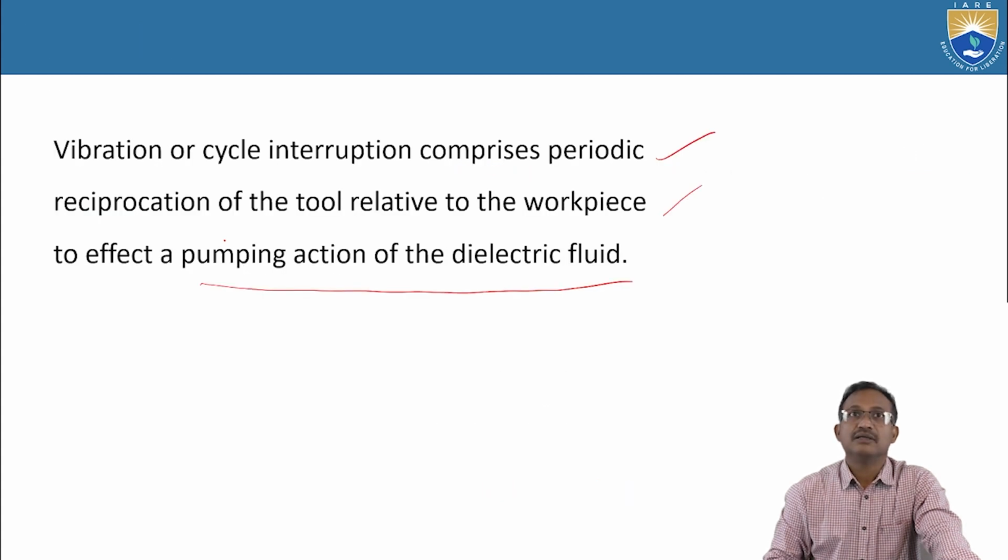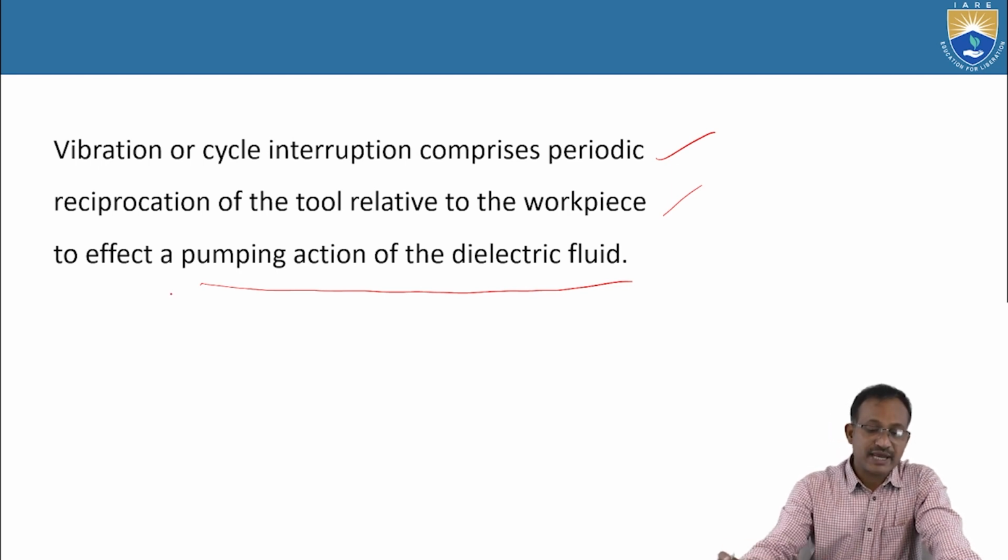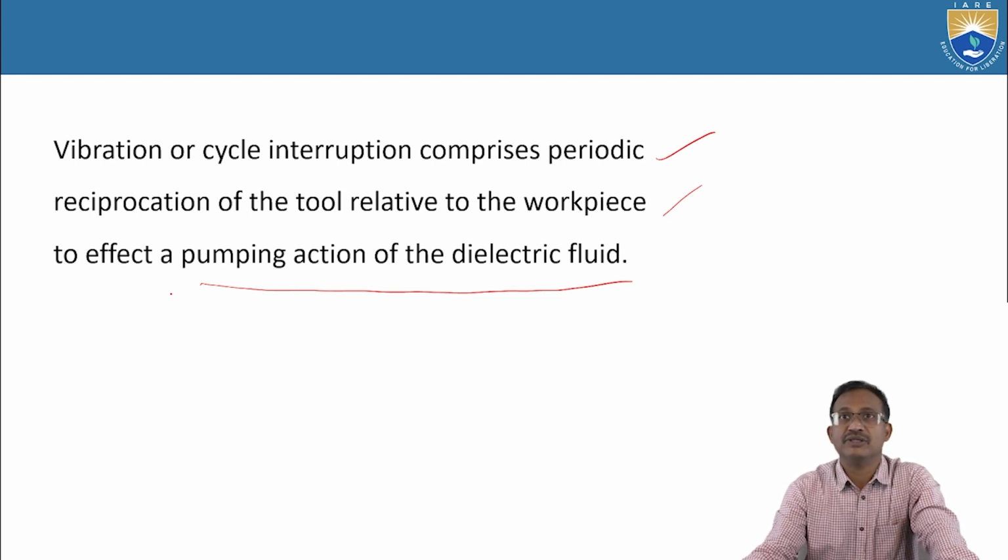The next one is vibration or cyclic interruption, which comprises periodic reciprocation of the tool relative to the workpiece to affect a pumping action of the dielectric fluid.